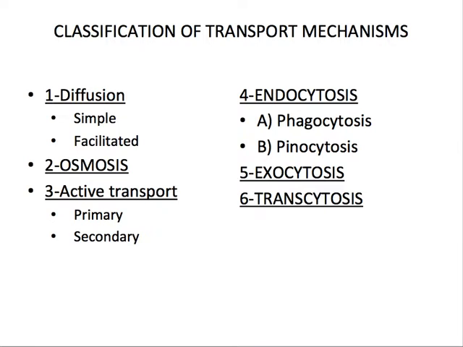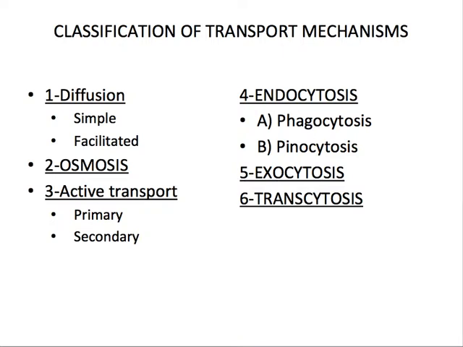You see, the transport through the cell membrane occurs either directly through the lipid bilayer, or it takes place through the proteins. So we can say that the transport occurs by one of the two basic processes, which is diffusion and active transport.